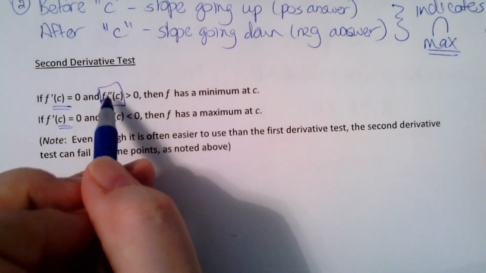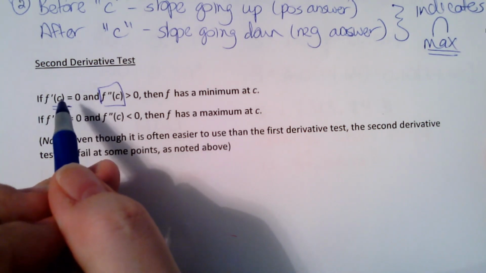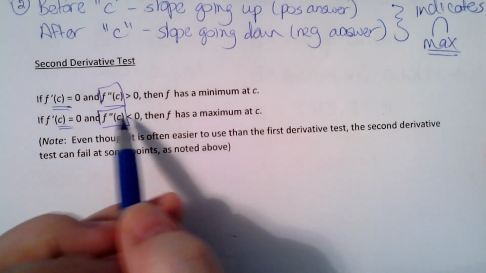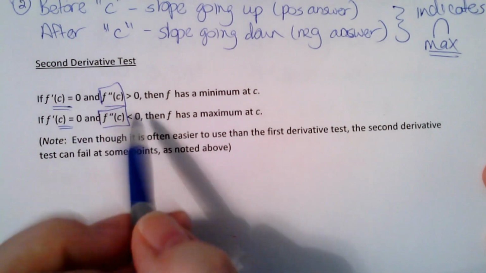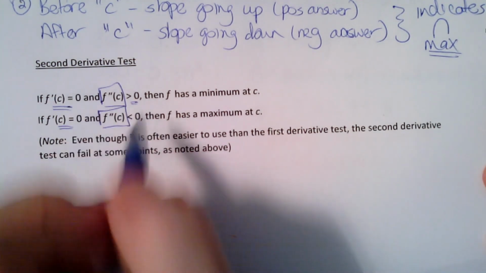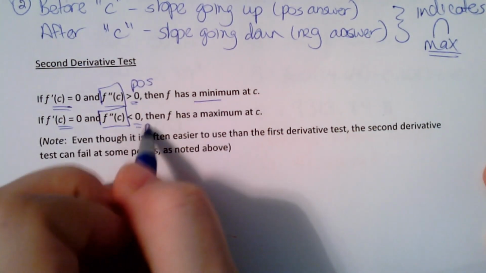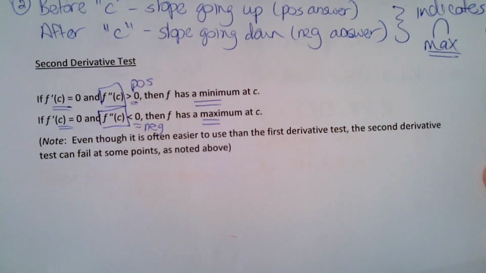So if you do the second derivative of that function, so the derivative of your derivative, and you sub in the value that you were looking for, if you get something positive, you have a minimum. If you get something negative, you have a maximum. Okay?